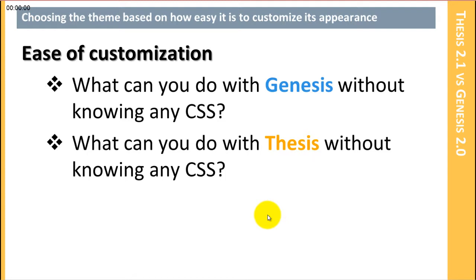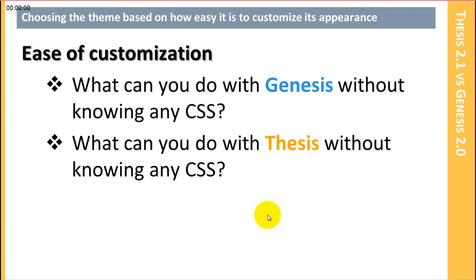So it's a fairly limited number of changes that you can make to Genesis without knowing any CSS. What can you do with Thesis without knowing any CSS? Well, in large part, that answer is dependent on the skin. Most professional skins make extensive use of the Thesis skin design options, like I showed you there.